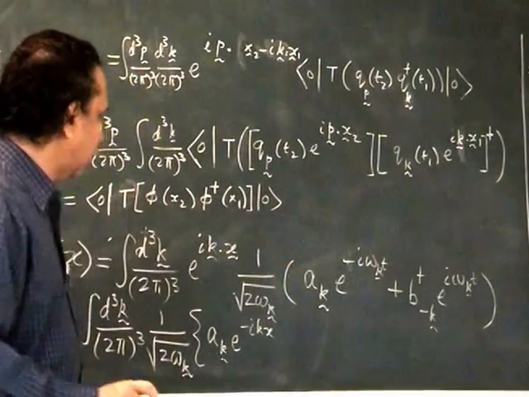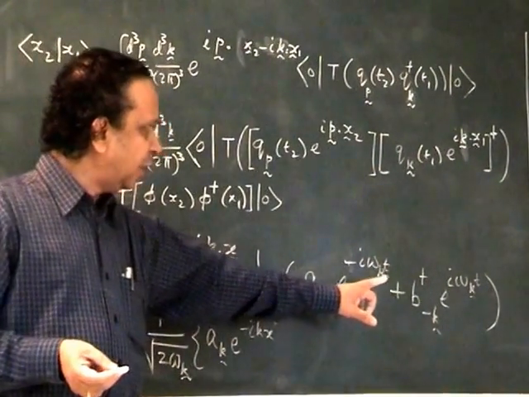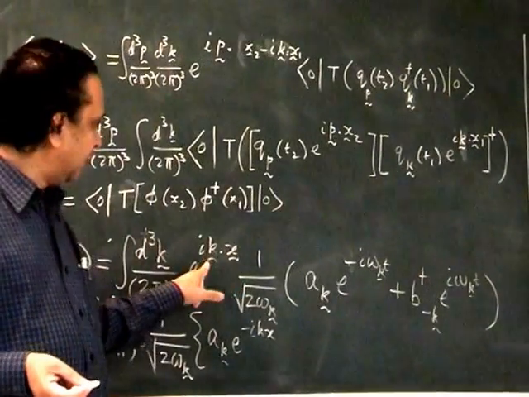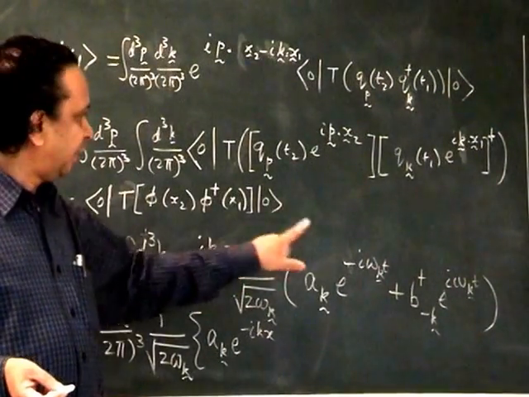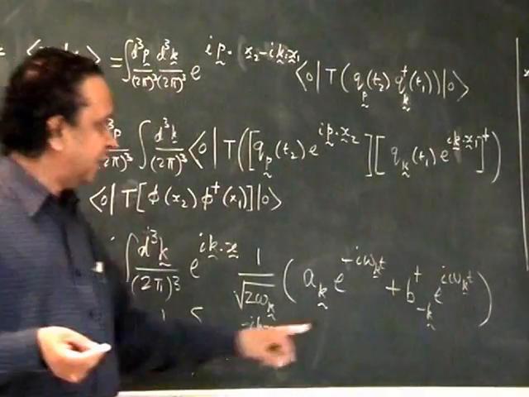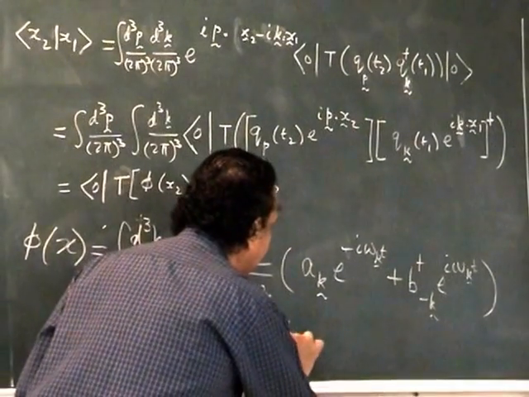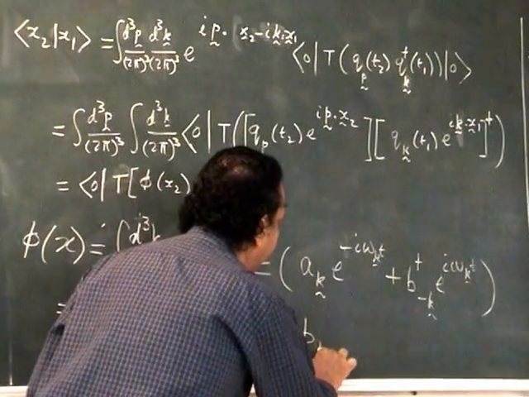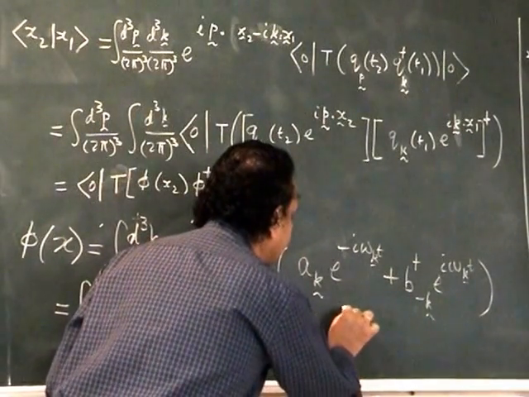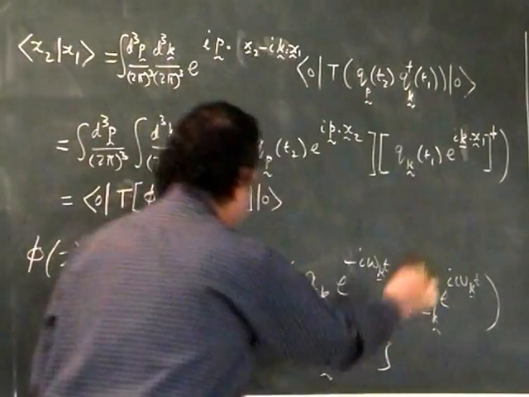But the other quantity has e^{iωt} and e^{ik·x}, and I would like this to come with minus signs. So in that term I am going to change k to minus k. This is why with great foresight and wisdom I put a minus k there. So now the notation looks easier and it becomes b_k dagger e^{ikx}.